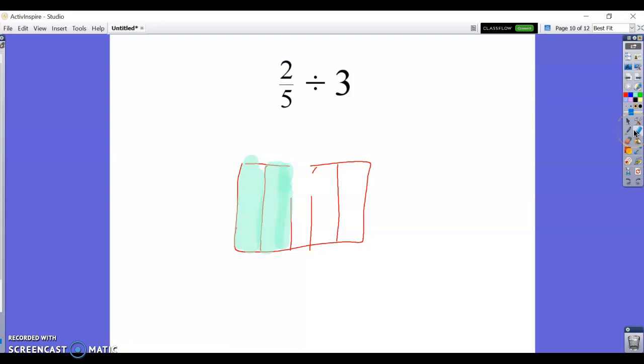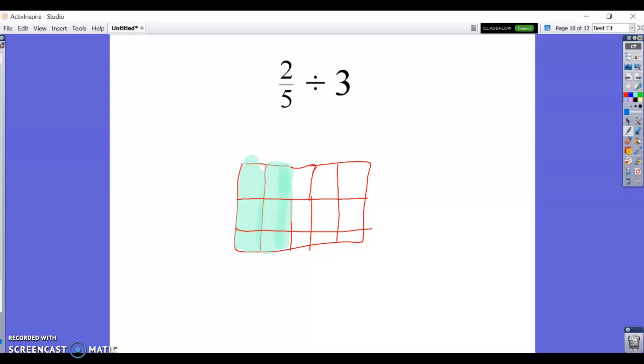So now that I've divided my fraction into fifths, and I've colored in 2 of those fifths, I now need to split my entire pan or my entire rectangle into 3 pieces. So I'm going to draw horizontally to split my pan into 3 pieces.